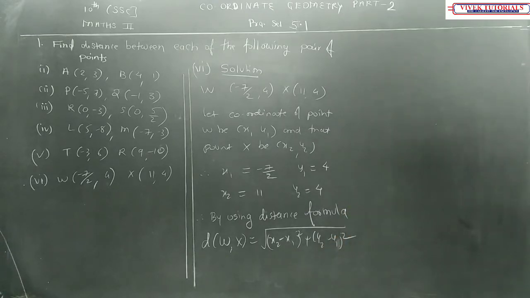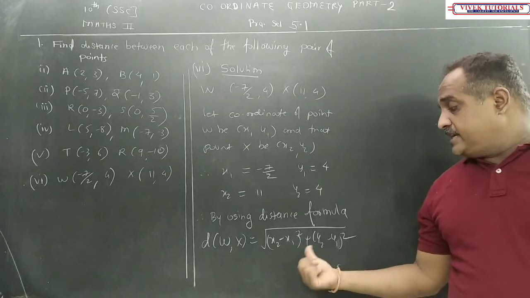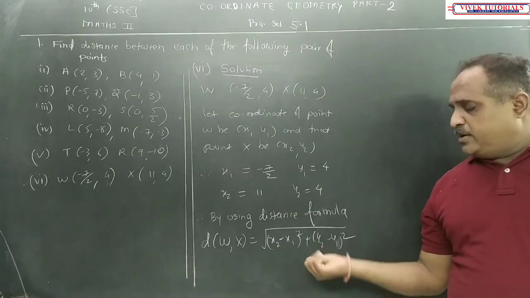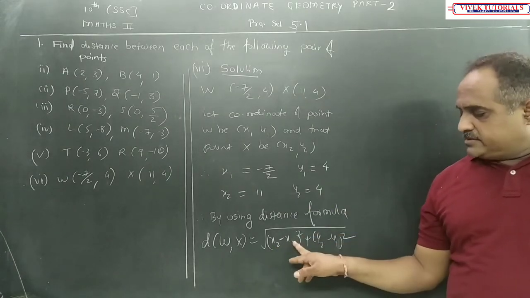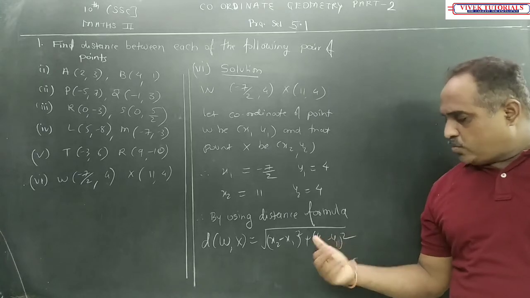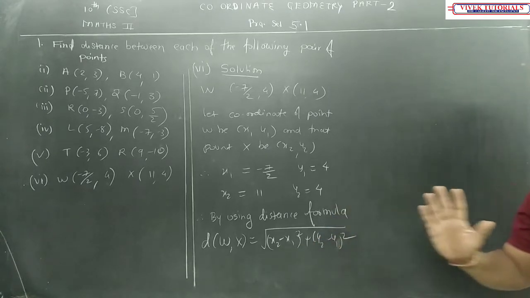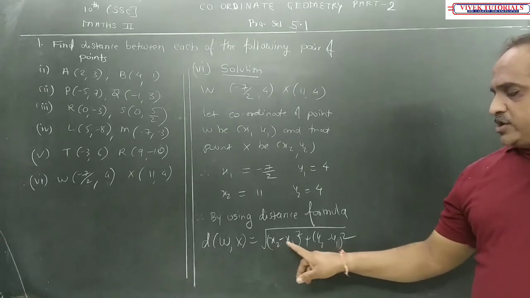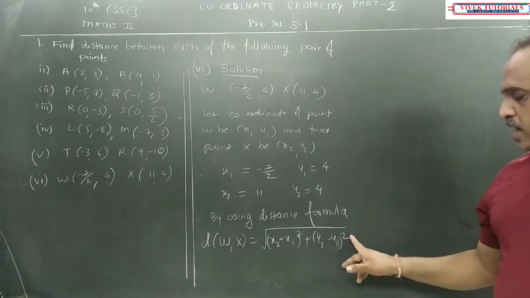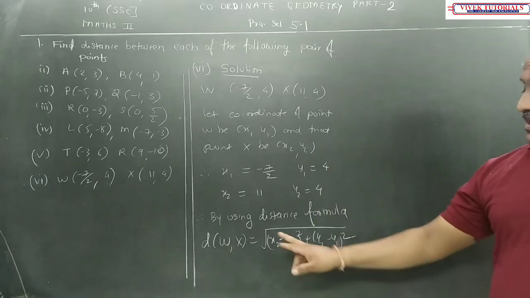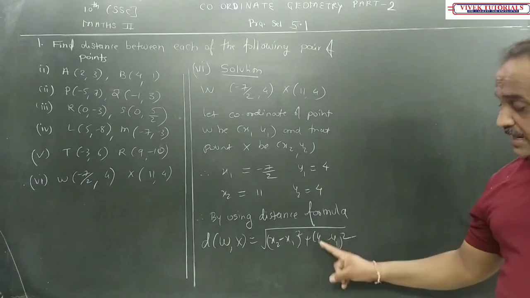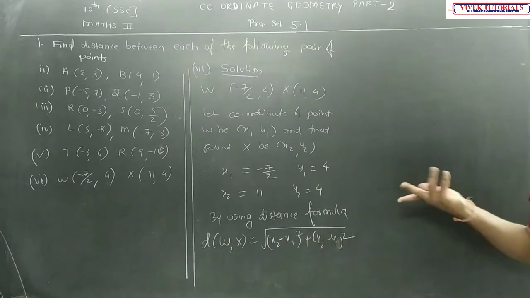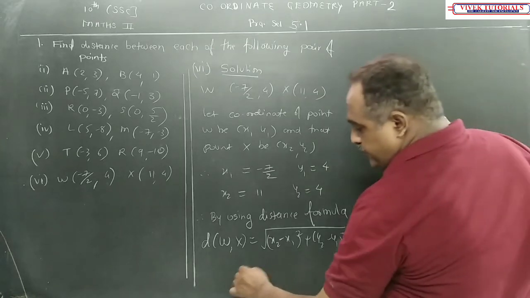Student, I want to tell you one thing. Instead of x2 minus x1 and y2 minus y1, you can also take x1 minus x2, then you take y1 minus y2. Then also we get the same answer. Don't worry about that. I'll repeat. Here what have we taken? x2 minus x1 the whole square plus y2 minus y1 the whole square. You can take x1 minus x2 the whole square, but here you have to take y1 minus y2. You'll get the same answer.